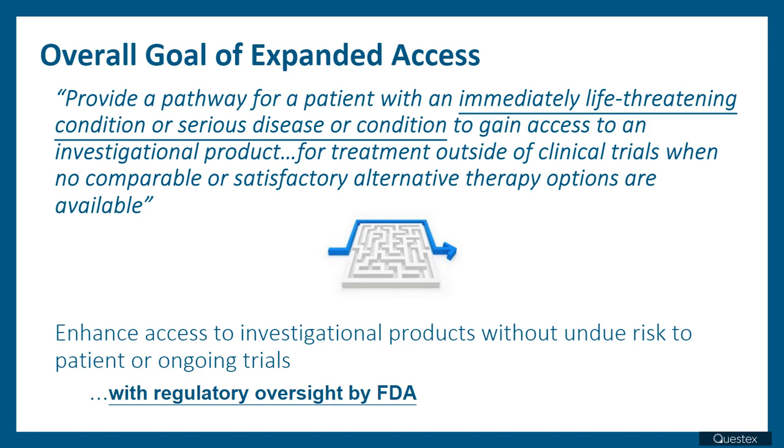So generally speaking, the reason for the existence of expanded access, the overarching goal, is to afford patients with immediately life-threatening conditions or serious diseases the opportunity to gain access to a product that is under development, an investigational product that is not yet available commercially, so that these patients can obtain the investigational product and be treated outside of clinical trials in situations where there's really no other alternative therapy available for them.